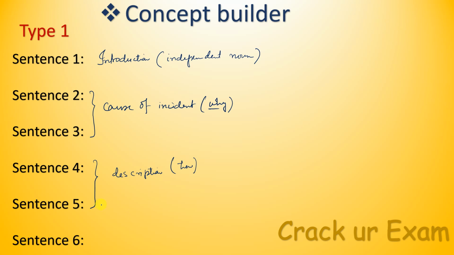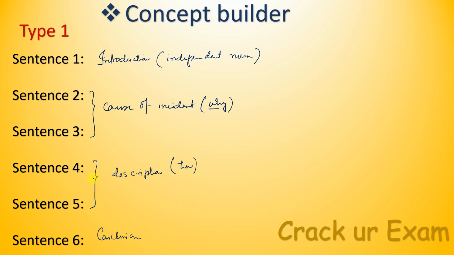Thereafter, one or two sentences may be the conclusion, meaning what we have learned from this, the effect of the incident. So the last sentence is the conclusion, and sometimes the conclusion may or may not include a result. Sometimes the result is given just before the conclusion.